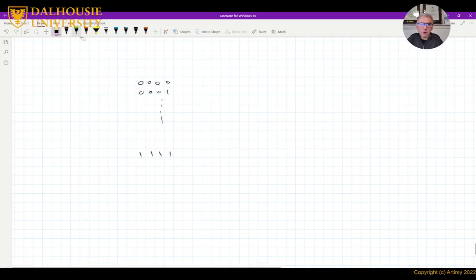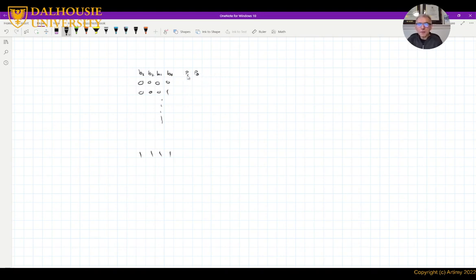So I'm going to come up with some example here, just a random one, right? So let's call this bit B3, and this is B2, B1, B0. And let's say the first parity bit, I'm going to call it P1, and this is P2 or P0, right?